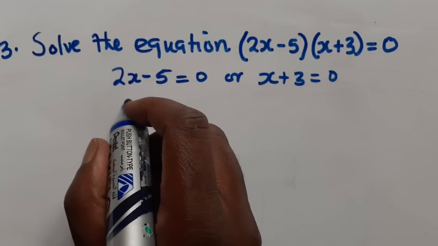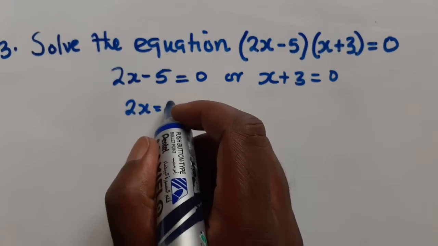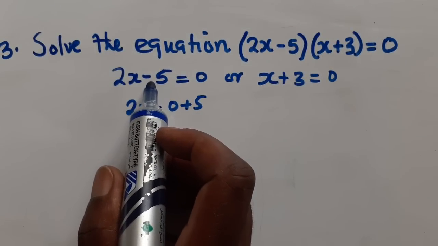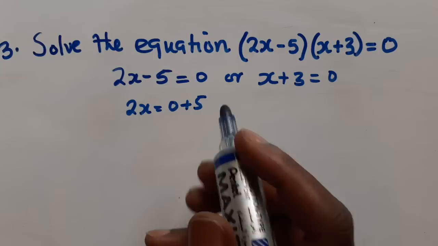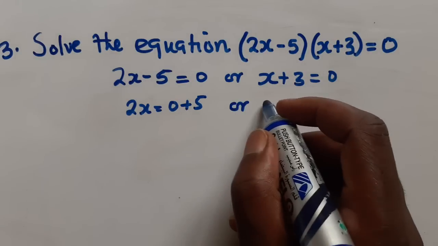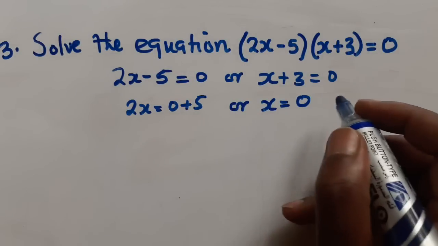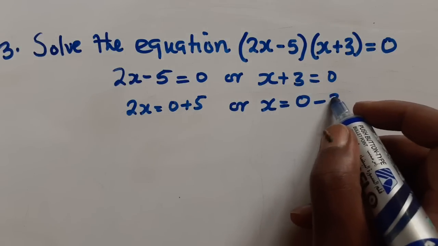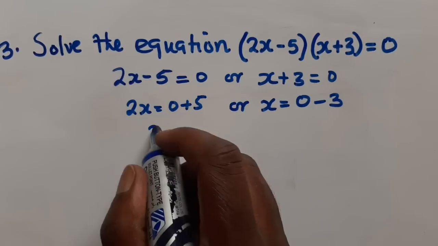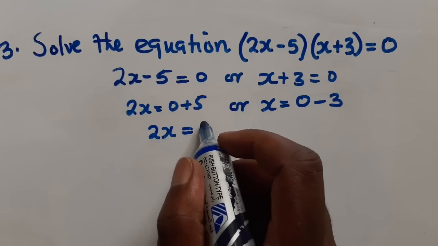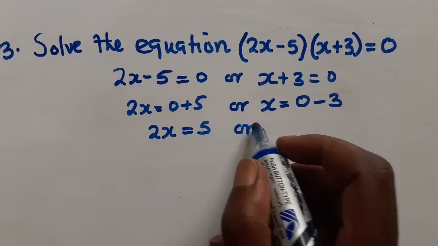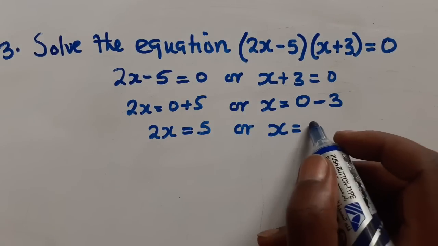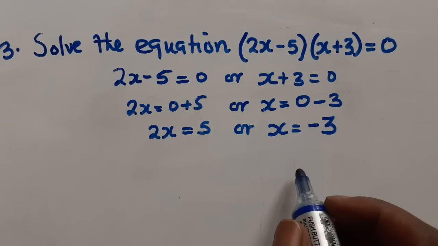Then this one is going to be 2x is equal to 0 plus 5. The additive inverse of minus 5 is plus 5. Or the same thing here, it's going to be 0 minus 3, the additive inverse of plus 3 is minus 3. So this is going to give us 2x is equal to 5, or x is equal to negative 3.